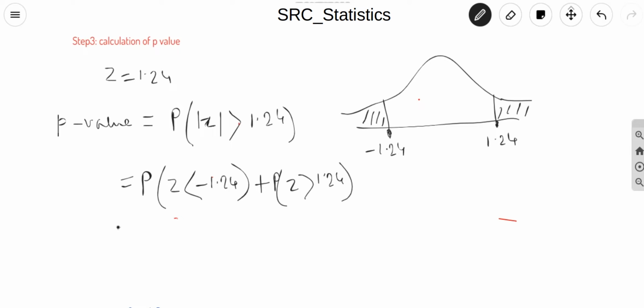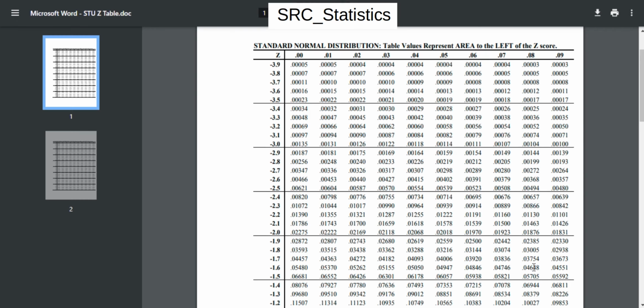So we find out this probability z less than negative 1.24 from the z table. From the z table we find the value z equal to negative 1.24. From the first column of z you can see negative 1.2, and from the first row of z we can see 0.04.